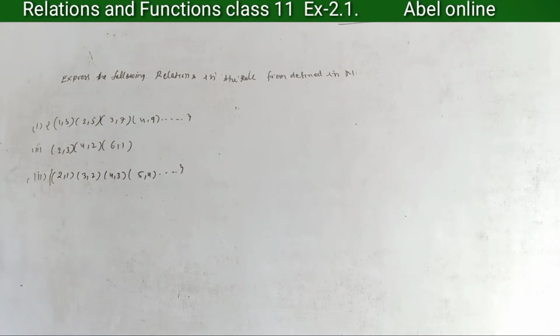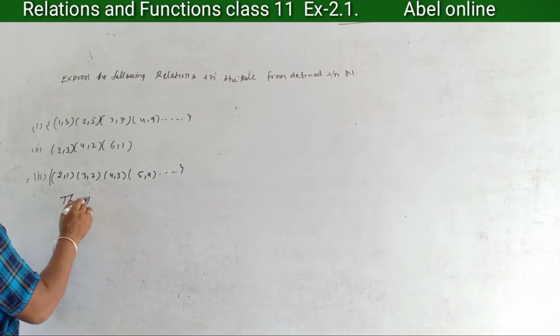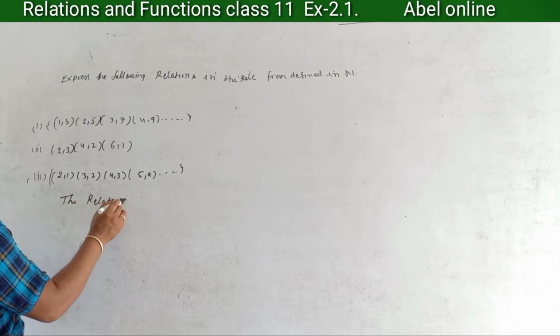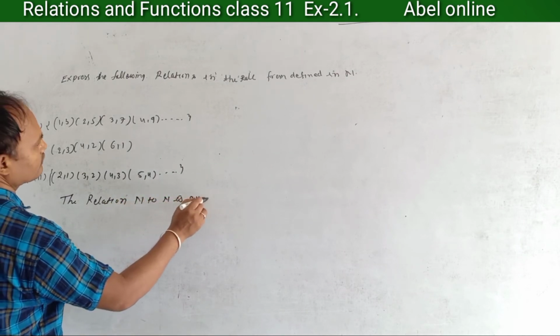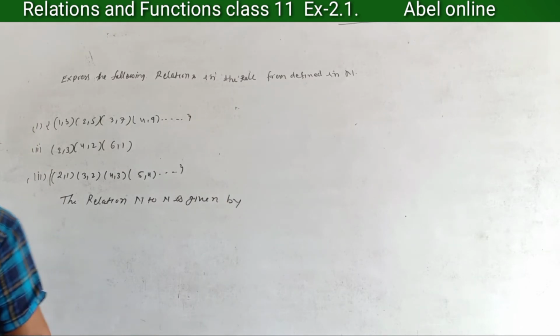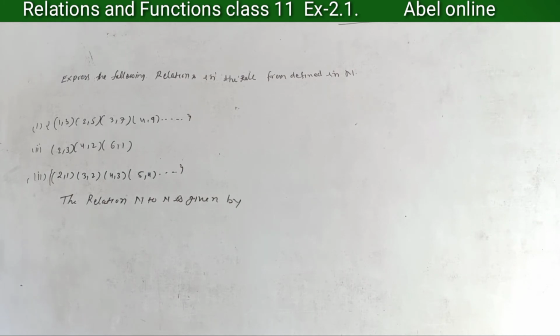So the relation from N to N is given. Express the following in the rule form defined in N. So we can say 1, 3, 2, 5, 3, 7, 4, 9.